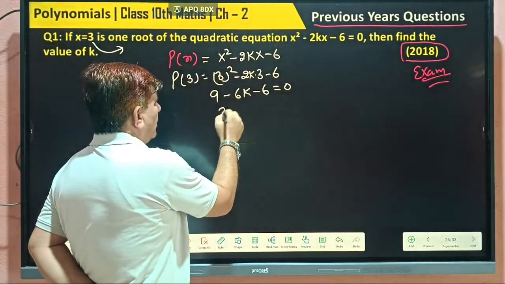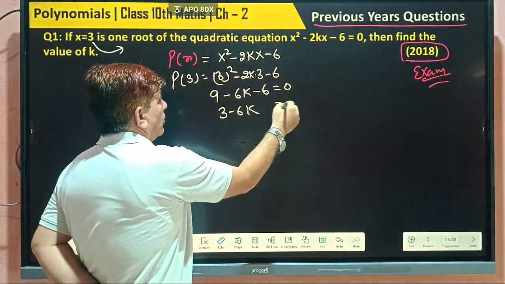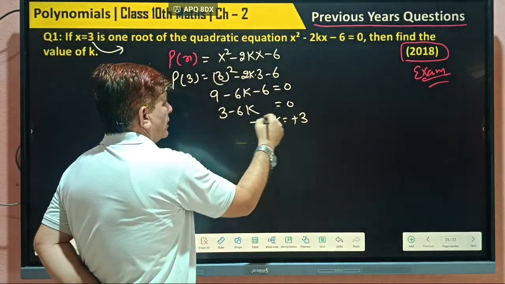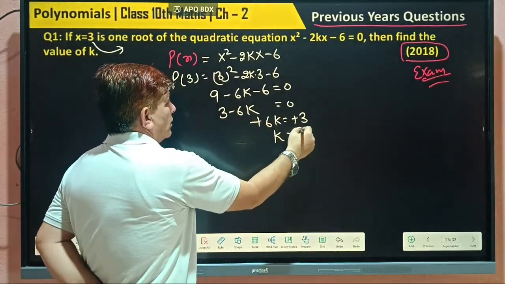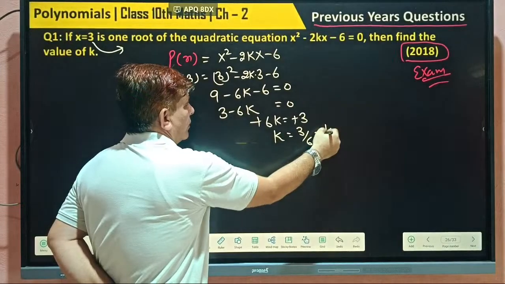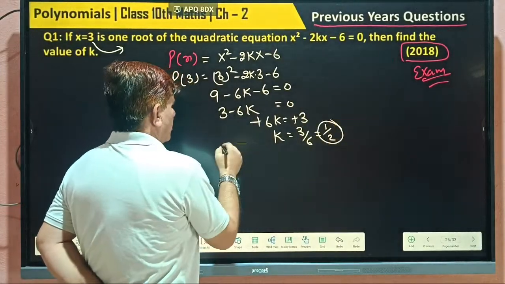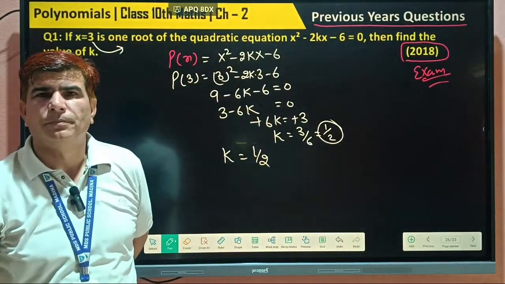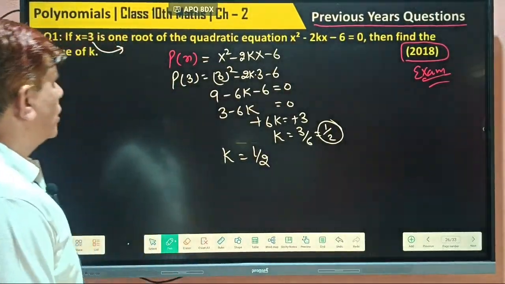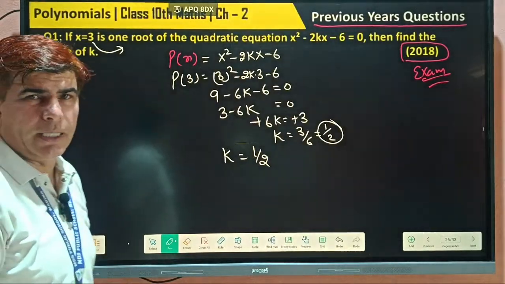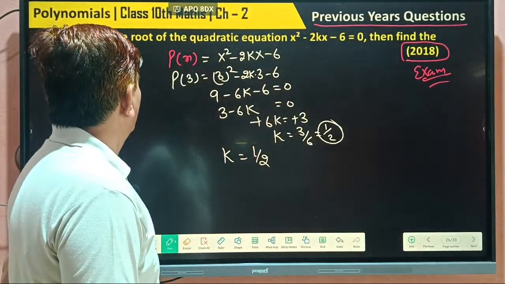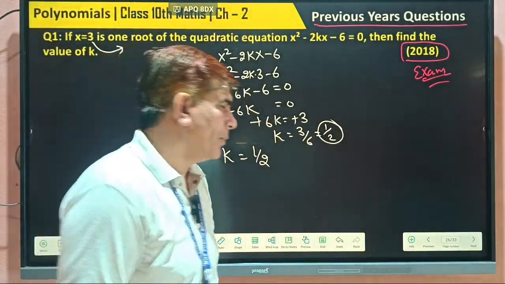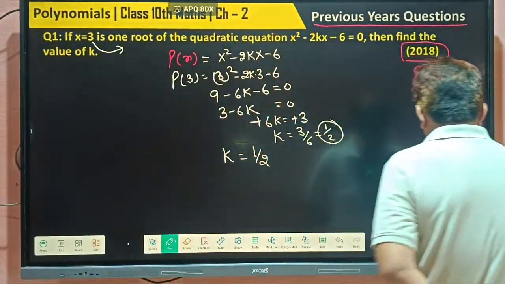So 3 minus 6k equals 0, so minus 6k equals minus 3, minus cancels minus, k equals 3 by 6, that is 1 by 2. So the value of k is 1 by 2. Got it? Is there any other method by which you can solve? No, you have to apply this.